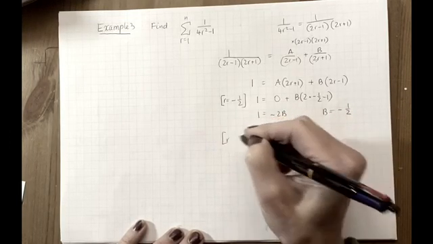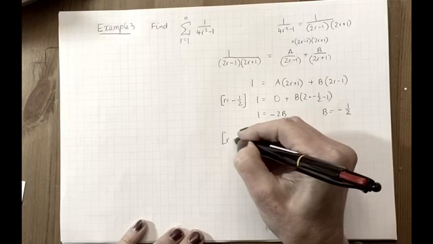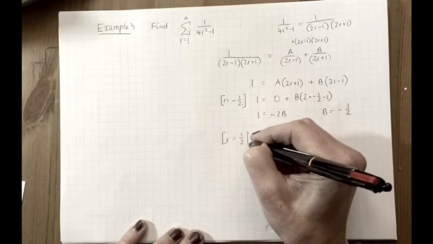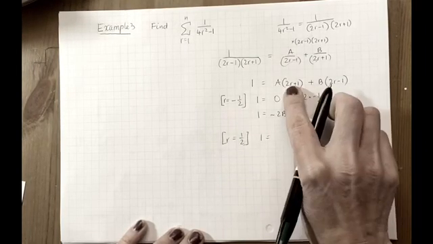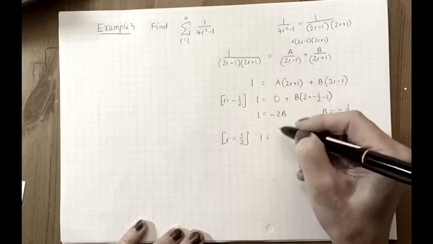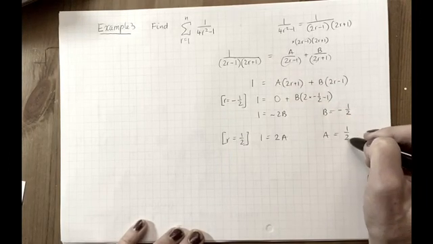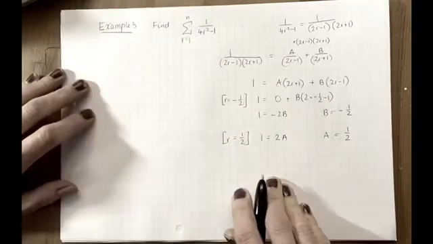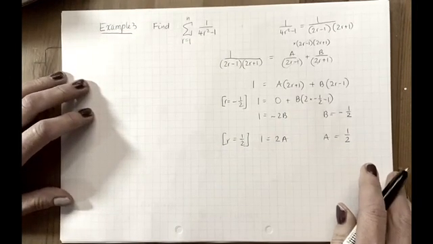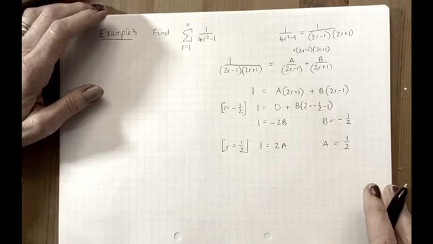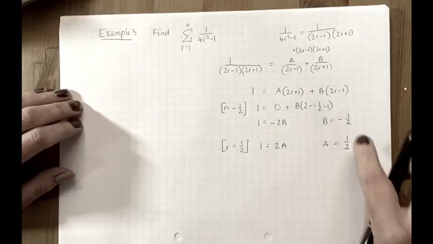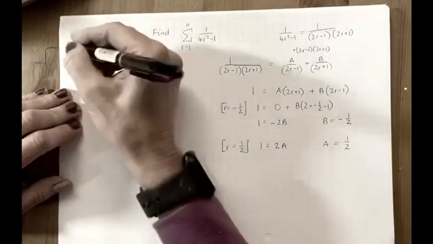Let's move on to the second fraction. To make that equal to 0, you would need to substitute a half into this one. That gives you 2a. Therefore, a is equal to a half. So you've got a way of rewriting our sum in terms of the difference of two fractions, because one is negative, one is positive.